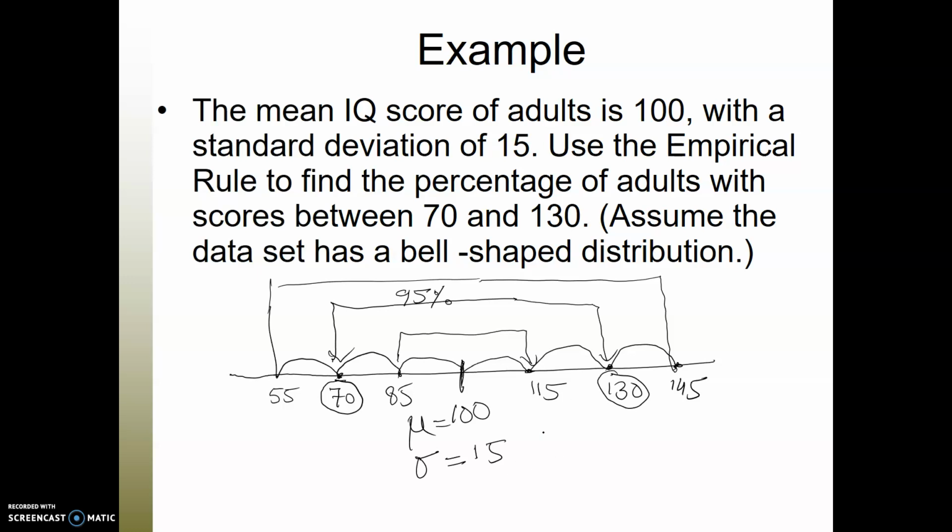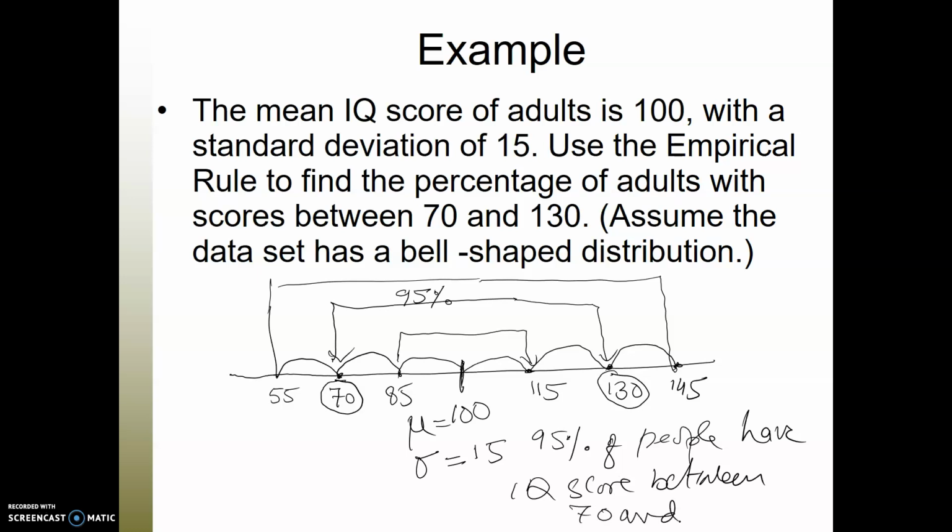So we are going to say that 95% of people have an IQ score between 70 and 130, right? So I hope you understand the problem.